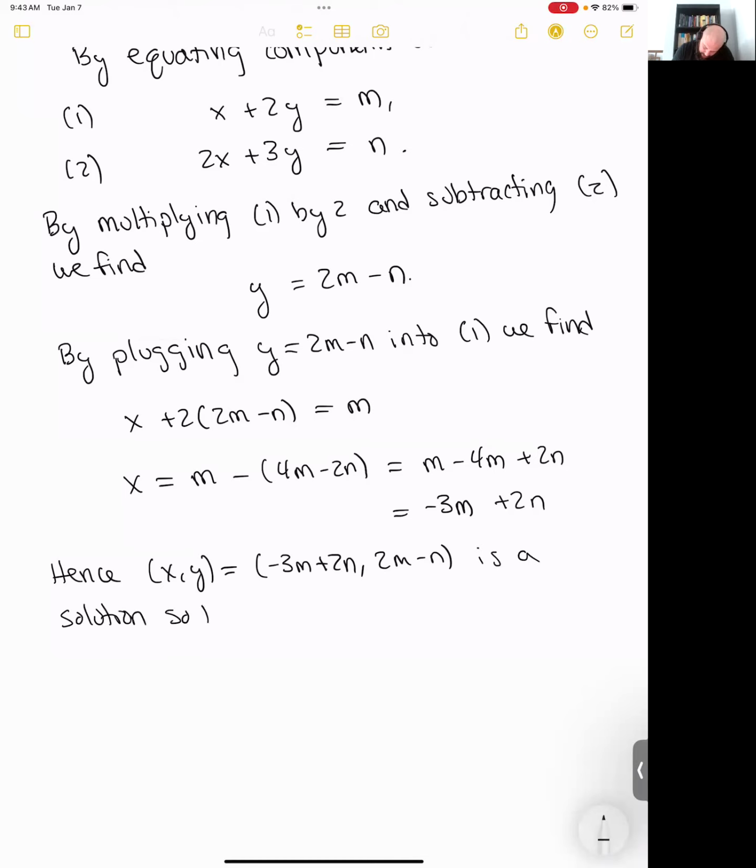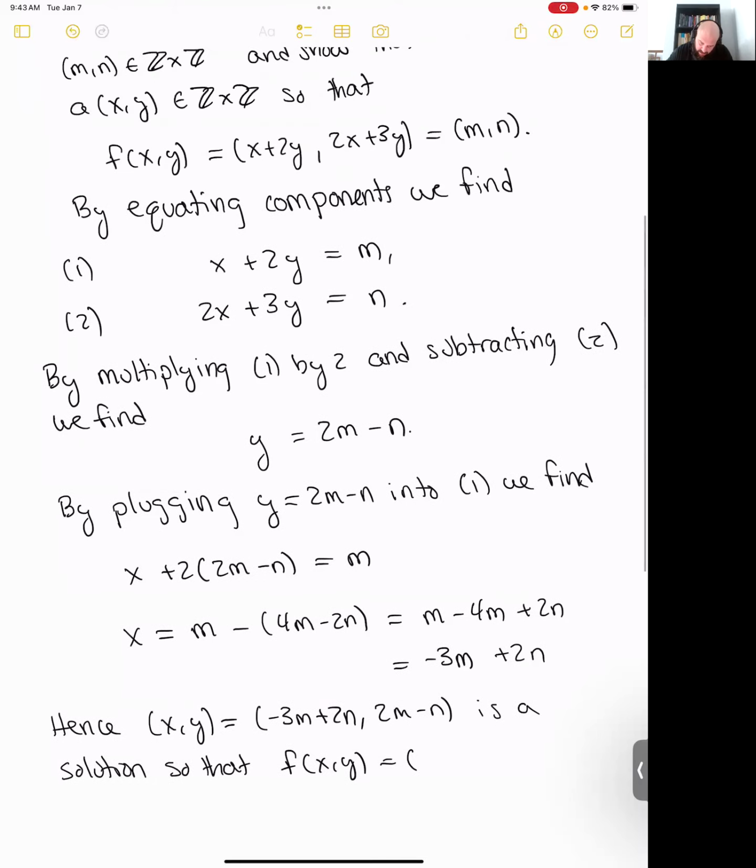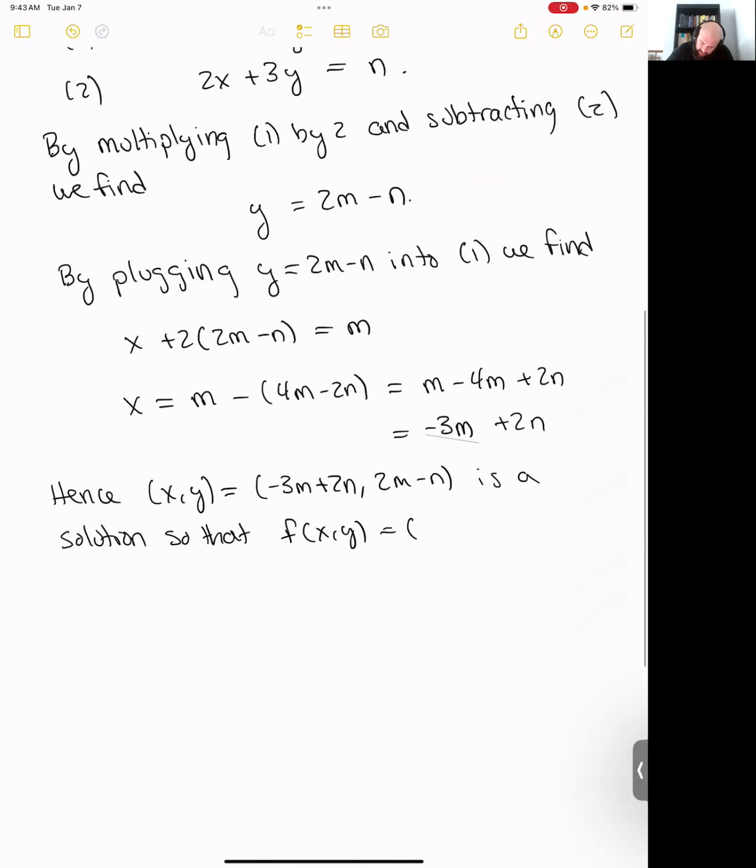So if I plug in (x, y) into f, I get what I was trying to start with, which, I forget the order, (m, n), gives me (m, n). Hence, f is surjective.